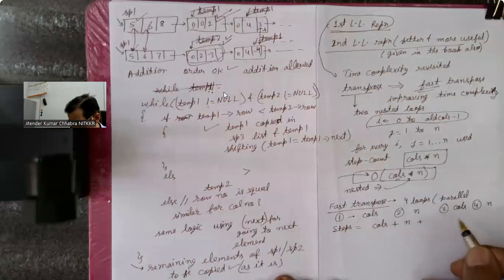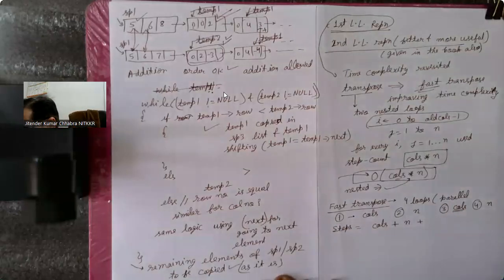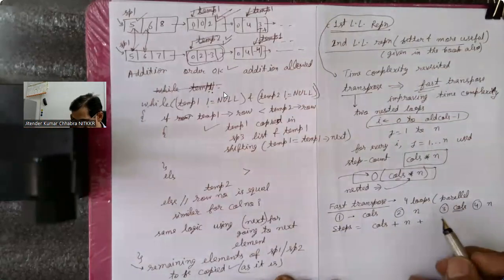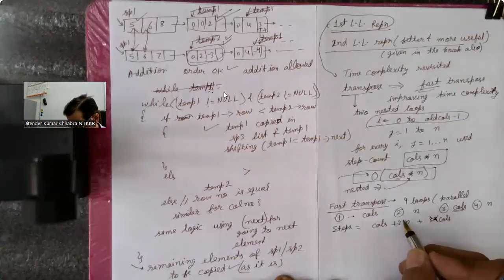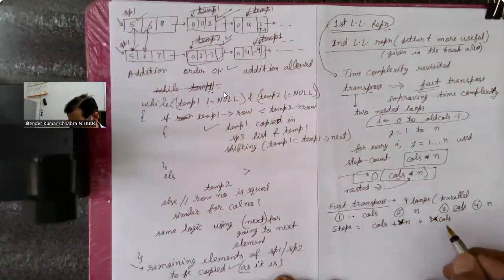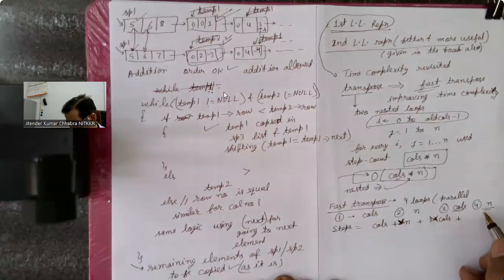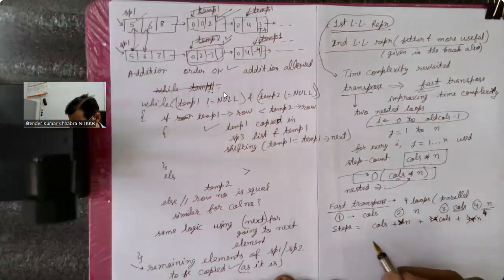Then again, within the third loop, maybe I had three statements. That would mean approximately three times columns, but I'll say three doesn't matter. Here also, if it was two statements, two doesn't matter. So effectively, number of columns times. And this statement might have four or five statements, so it could internally mean 4n steps, but four doesn't matter much.